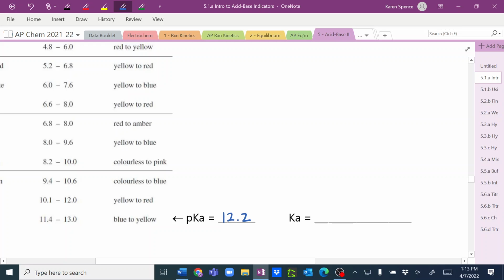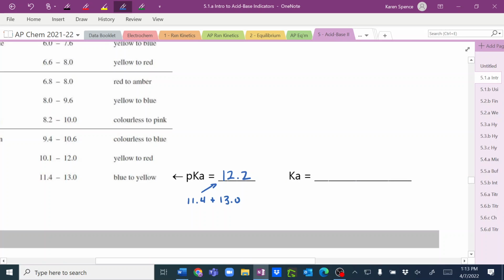12.2. That's the average of 11.4 plus 13.0. And that's our pH at the transition point, which is equal to our pKa. And then our Ka would be 6.3 times 10 to the negative 13. Although, is that a correct answer?